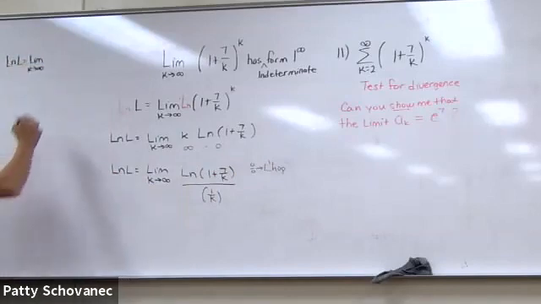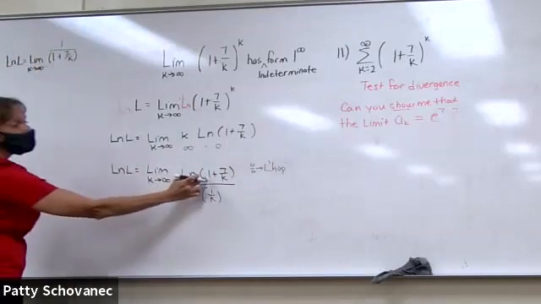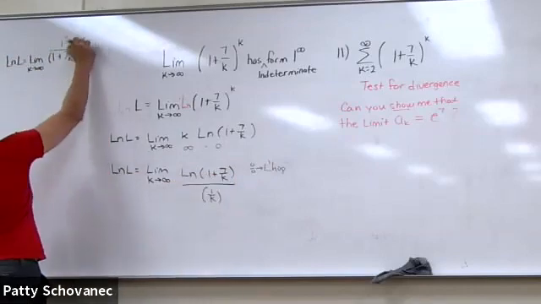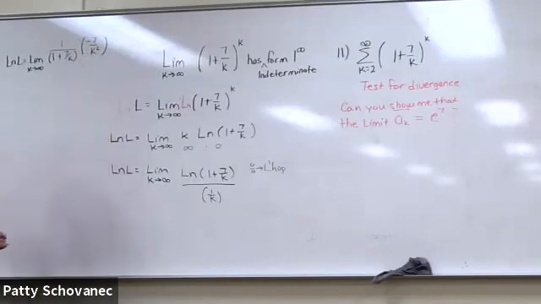The derivative of the logarithm of u is 1 over u. And I go inside and take the derivative of that. That's the derivative of the top. Here's the derivative of the bottom. So the negative 7 over k squared cancels with the negative 1 over k squared and leaves me a positive 7. And that's on top of that 1 plus 7 over k.